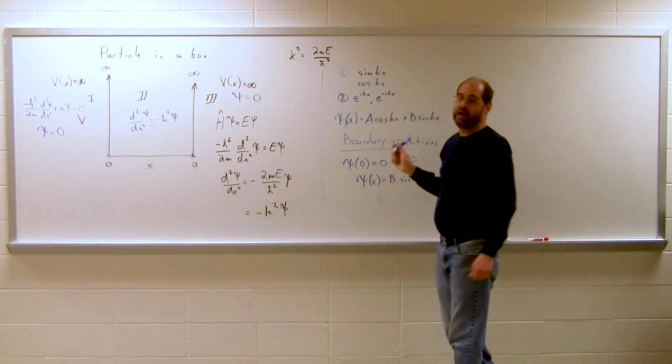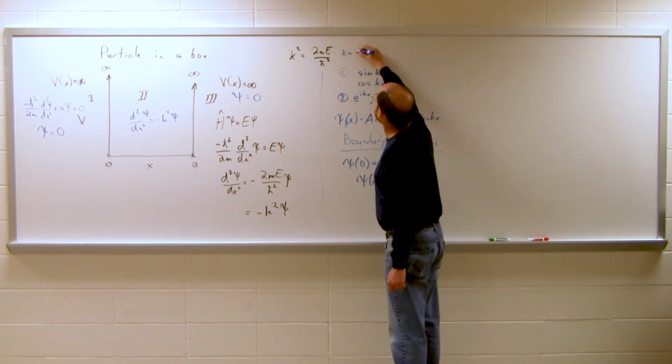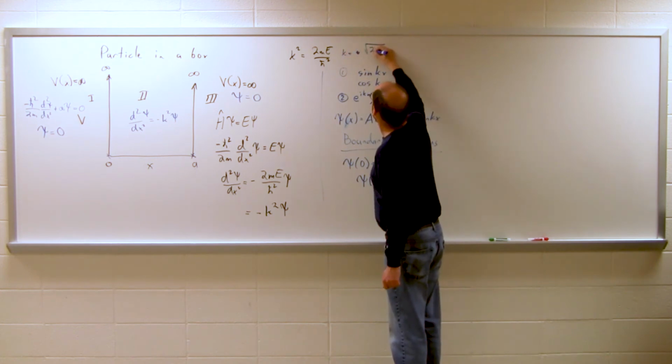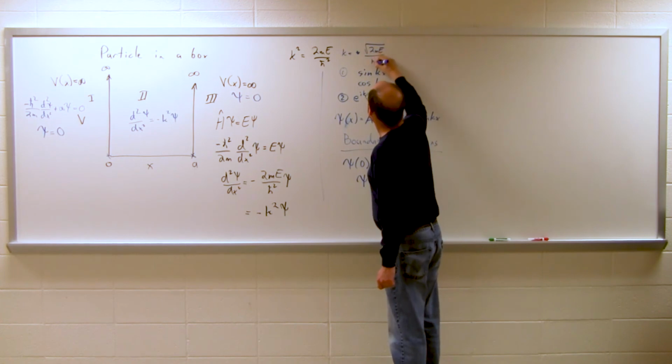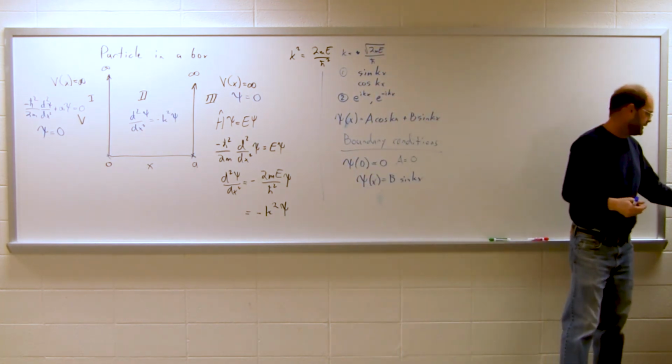I was going to rewrite k, but we have it up here. We can see that k then is equal to the square root of 2mE over h bar. Okay. That's my first boundary condition.